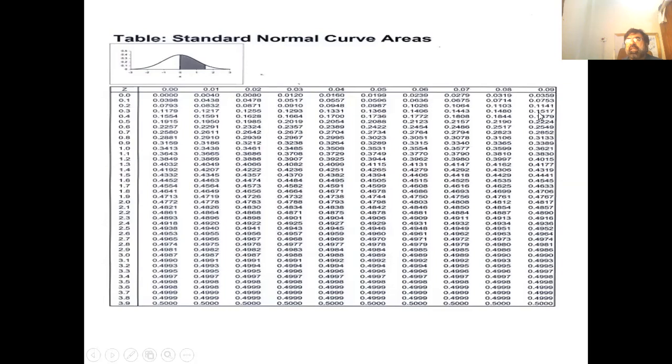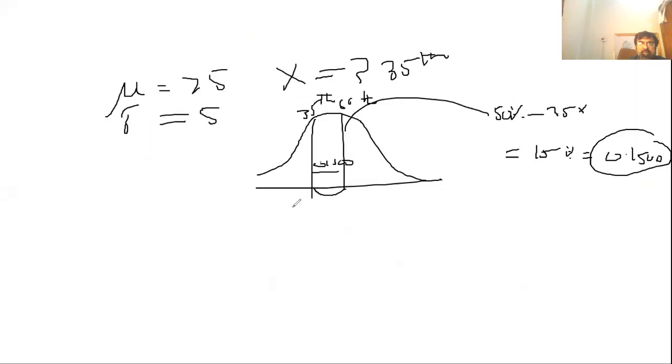So the closest, the nearest area is 0.1517, which is below 0.09 and in front of 0.3. So it becomes 0.39. The value for this area is 0.39, but as the value falls below the midline, it will carry a negative sign. So you will put the negative sign with this Z value.